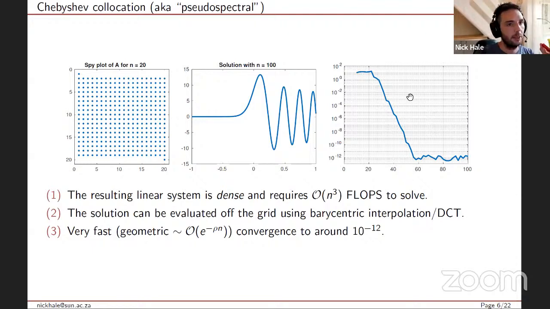I would think you would still get geometric convergence, but as you decreased epsilon, the slope here would decrease. The rate of this geometric convergence is related to the ellipse of analyticity around the interval that you're solving the equation over. As you decrease epsilon, singularities in the complex plane come closer to the real axis, decreasing the size of that ellipse, and therefore decreasing the rate of the geometric convergence.